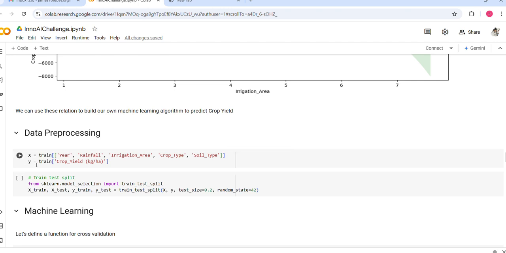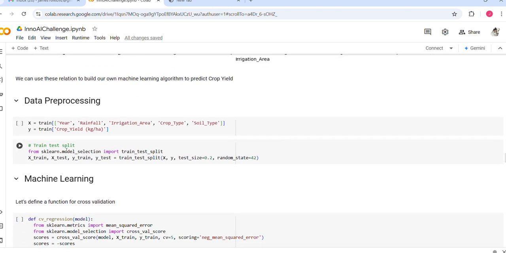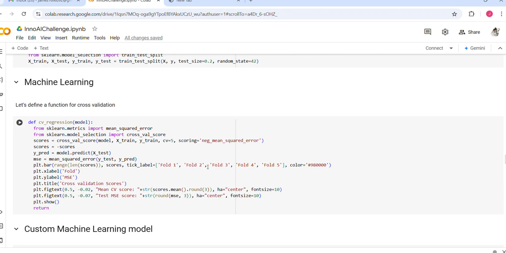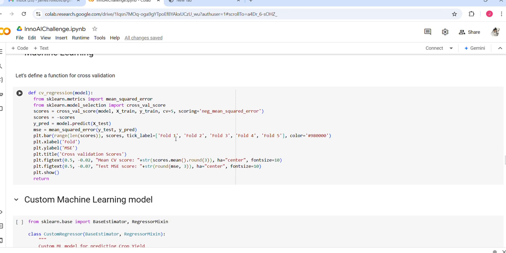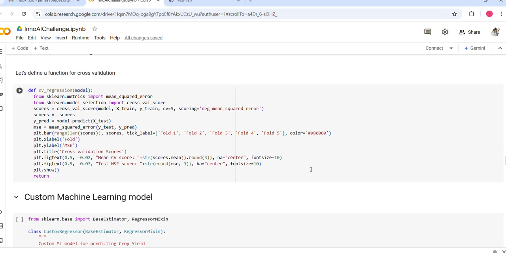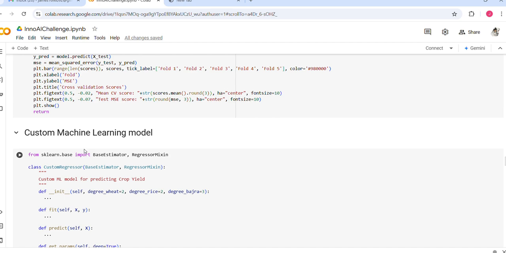And now we can split the data into X and y and further divide them into training and testing split. We can also define a function for visualizing the cross validation.